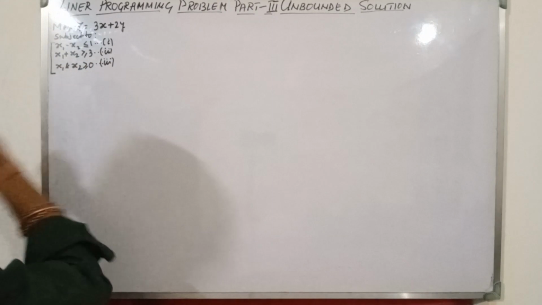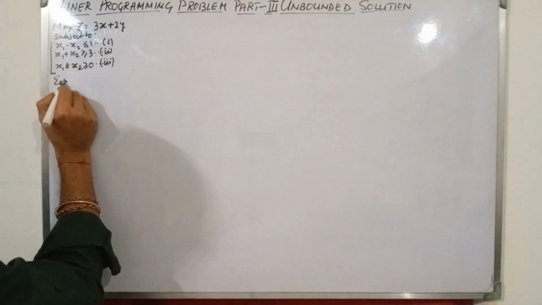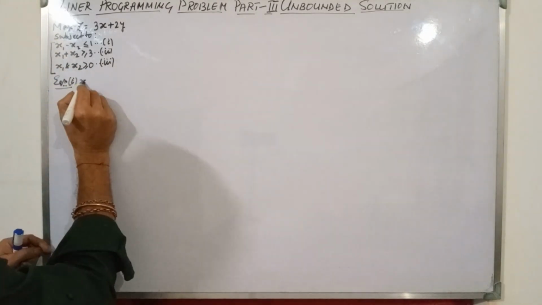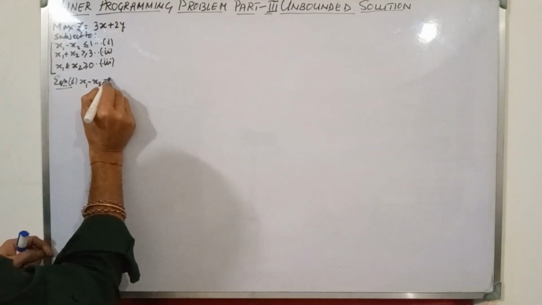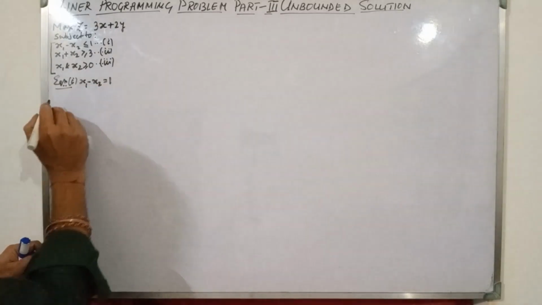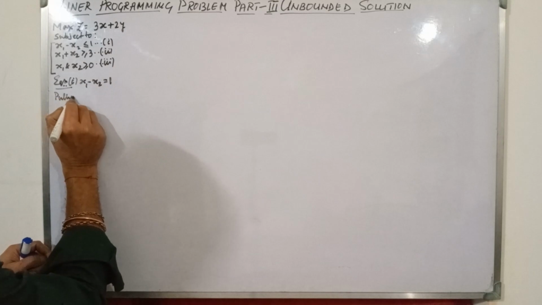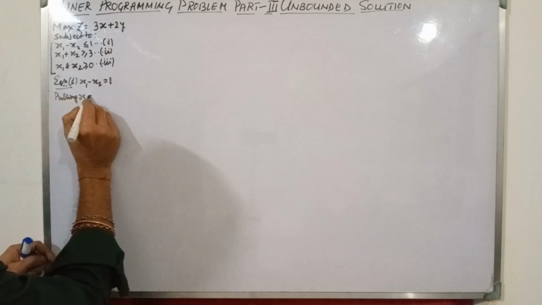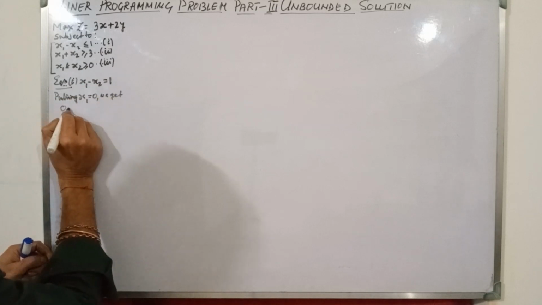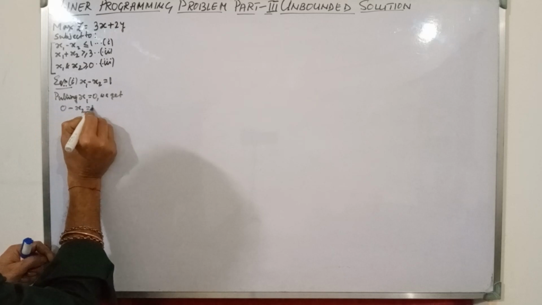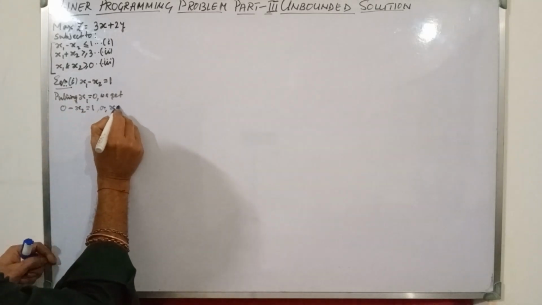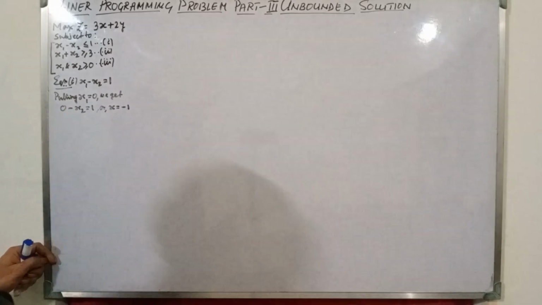First we take equation 1: x1 minus x2 equals 1. Now putting x1 equals 0, we get 0 minus x2 equals 1, or x2 equals minus 1.